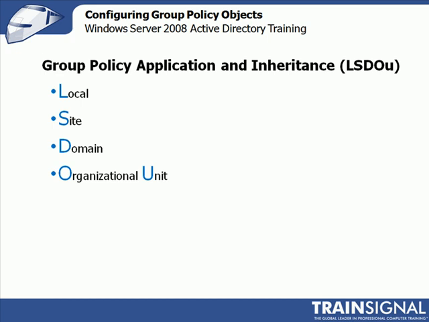Okay, so the actual user object in Active Directory, where is that user object? What organizational unit is that user object in? And are there any GPOs linked to that container? And if so, apply them. And technically, LSDOU is LSDOU, OU, OU, OU, etc.